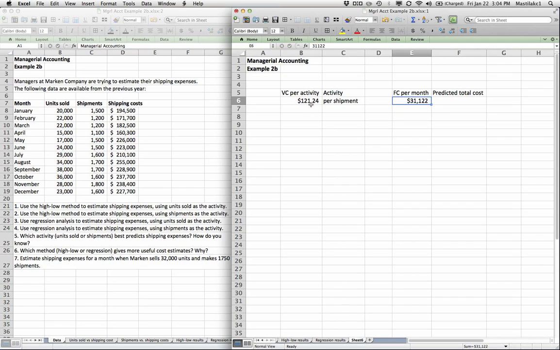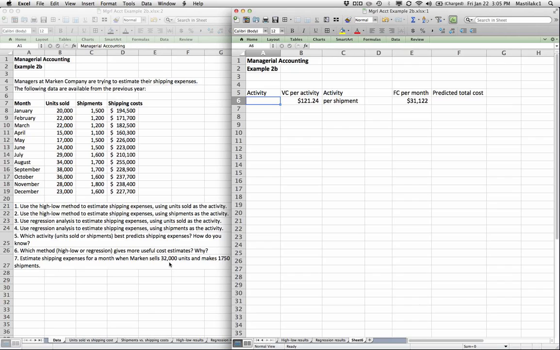I'd probably round it to $120 per shipment, $31,000 per month, or something like that, just because it's easier to work with rounded data. But for the sake of discussion, I'll leave these the same so you can follow where they came from. Once I've got these, all I have to do is plug in the amount of activity, multiply that by the cost per activity, add that to the fixed cost, and we'll have our prediction of total cost.